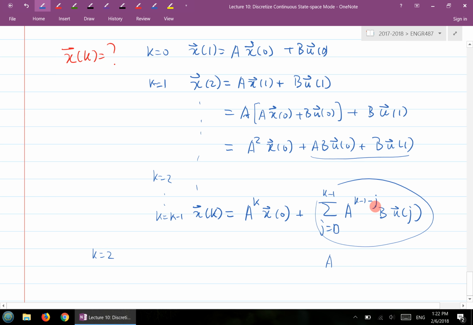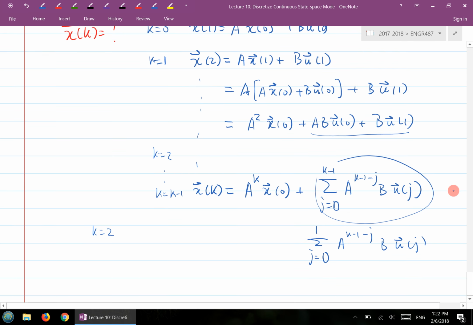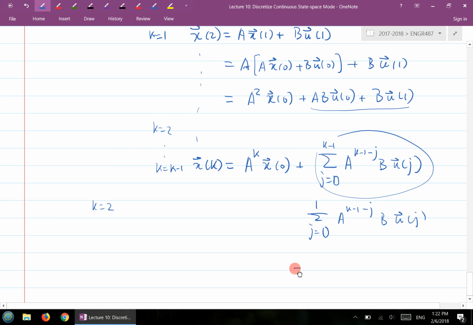When j equal to 0, you pick the first term. Anyway, you can try it yourself. Trust me, this is okay. So with k equal to 2, j goes from 0 to 1. When j equal to 0, this is 2 minus 1 minus 0, times B, u of 0, right?